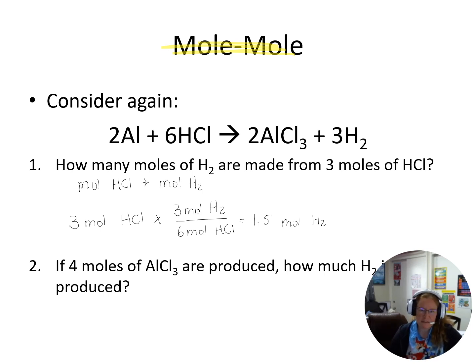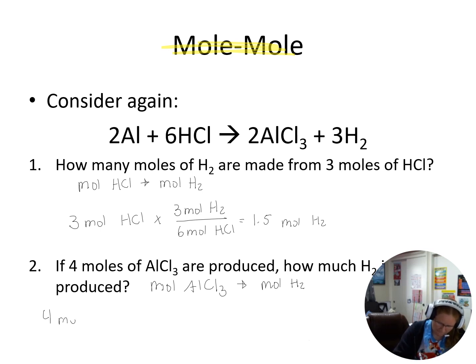All right, we've produced 4 moles of aluminum chloride. How much hydrogen? So again, we can do moles of aluminum chloride to moles of hydrogen. Again, moles to moles. We don't need to do anything further. So I can do my 4 moles of aluminum chloride.